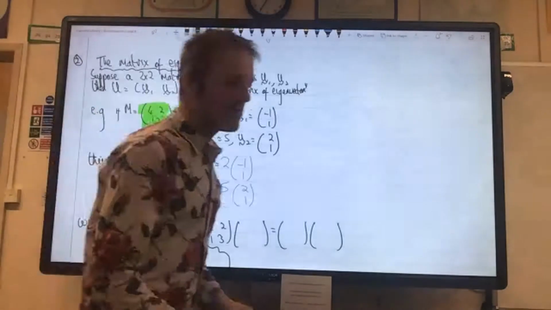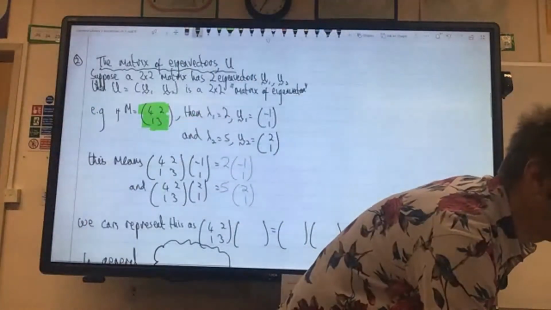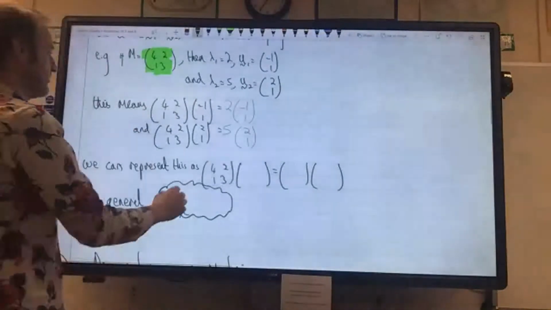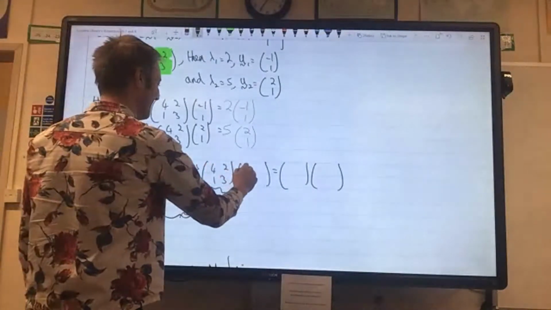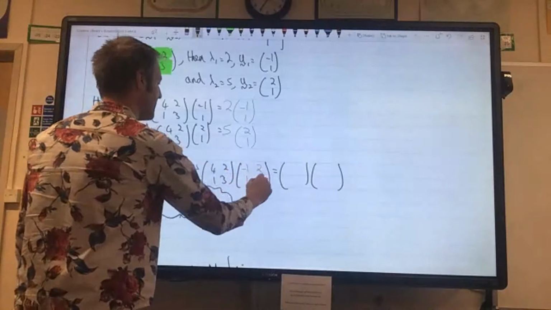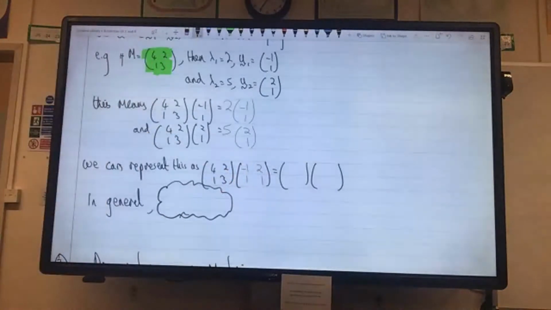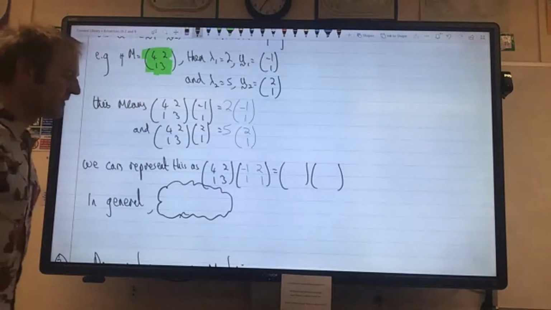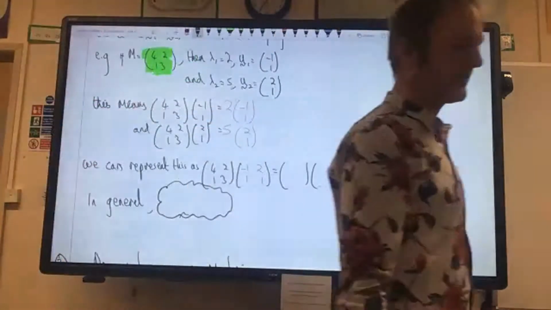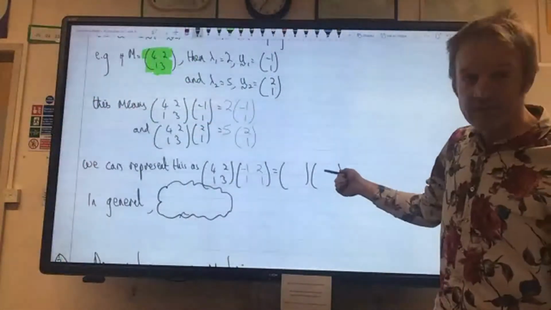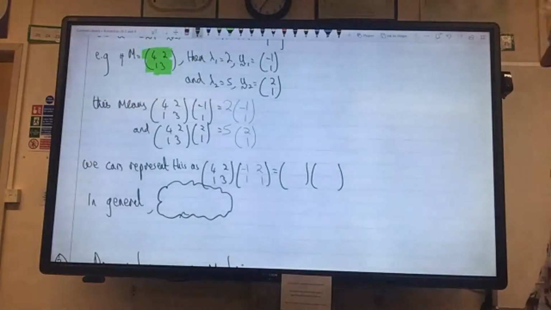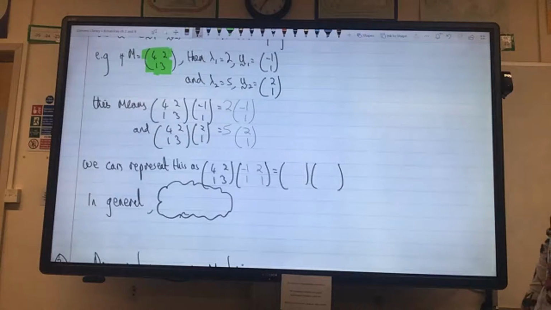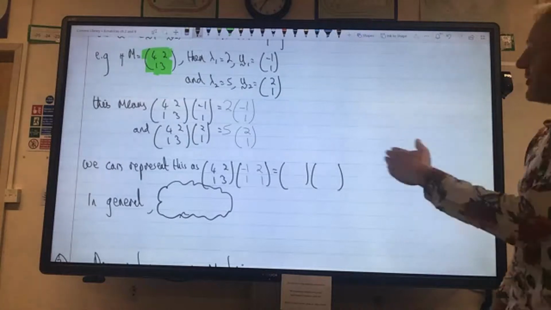Now, we could actually represent that as a single matrix multiplication. If I do the first bit for you, using what we were just looking at at the start of the lesson, can anyone fill out those two matrices? So I want to write 4, 2, 1, 3 times the matrix with columns -1, 1 and 2, 1.